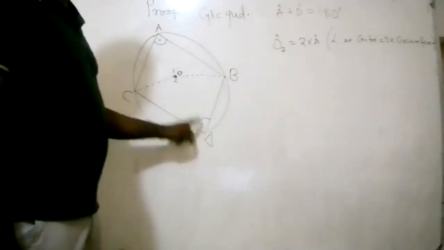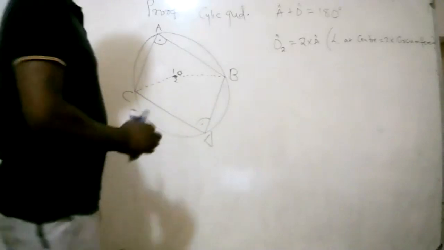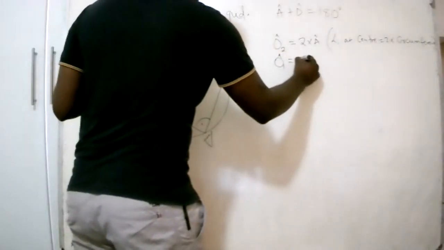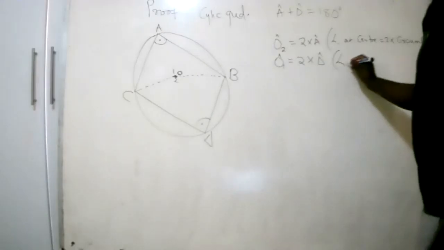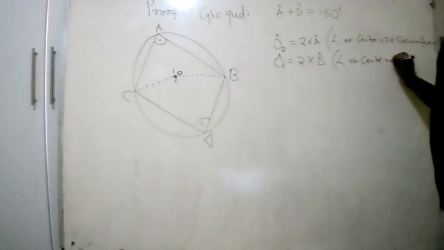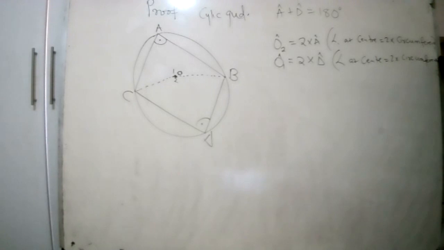It's the same thing we're going to use on O1 and D. So O1 in this case will be equal to 2 times D, for the same reason, that the angle at the center is twice the angle at the circumference. So you must not forget this information.